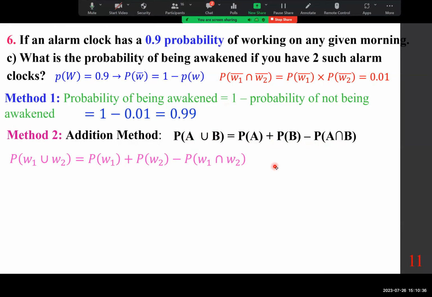So now replace this one with 0.9. This one also with 0.9 minus 0.9 times 0.9. This is W1 intersection W2, not that one. So 0.9 plus 0.9 minus 0.9 times 0.9.